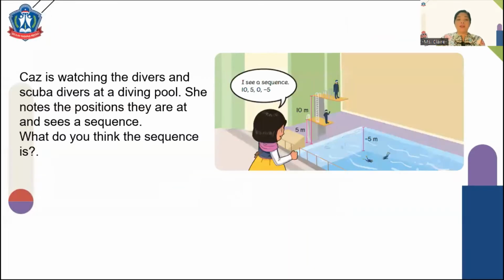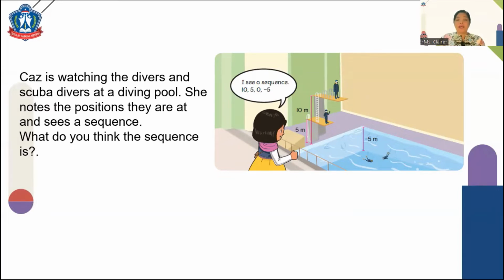Now I have here a picture. This girl is Kaz and she is watching the divers and scuba divers at a diving pool. She notes the positions they are at and sees a sequence. What do you think the sequence is? What have you observed?